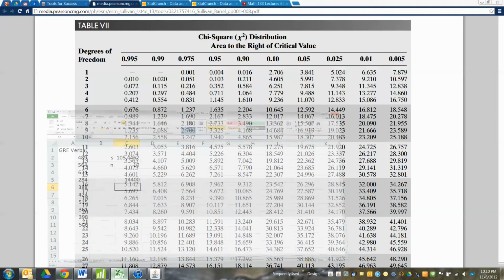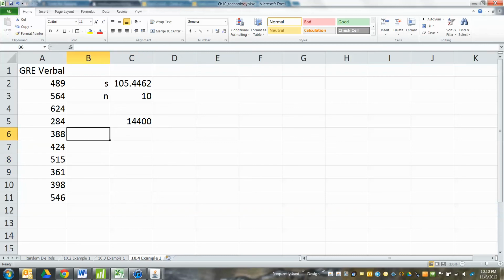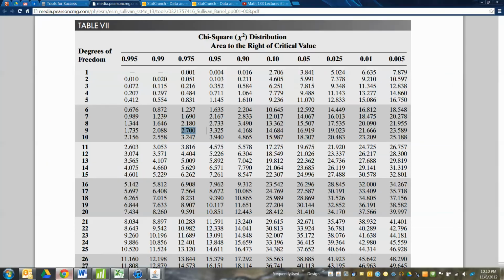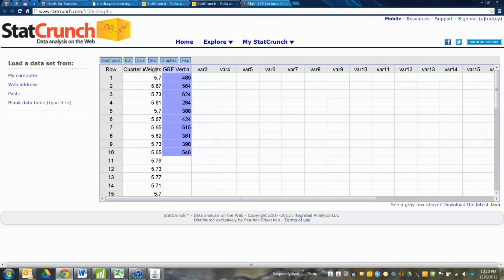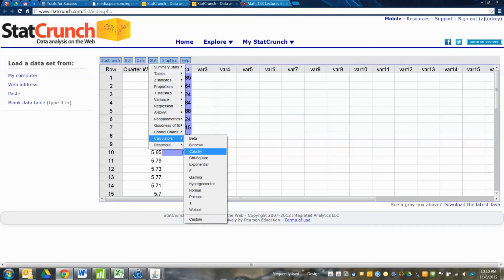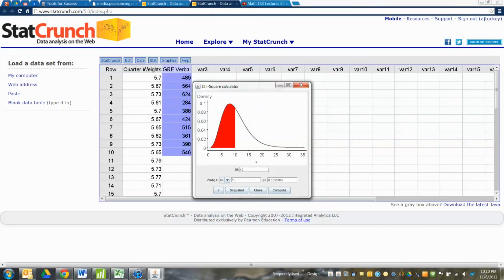Let's also double check how to do it with technology for the fun of it. Let's find it with StatCrunch, which is also simple. Go to Stat, Calculators, chi-square. We want our degrees of freedom to be 9.